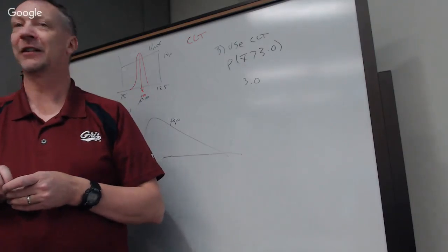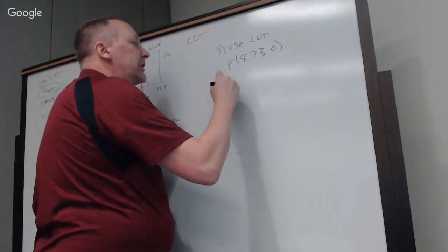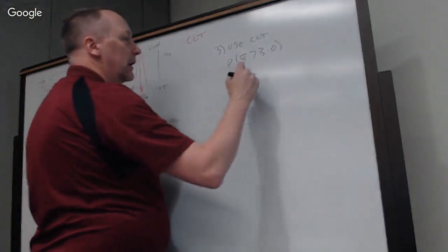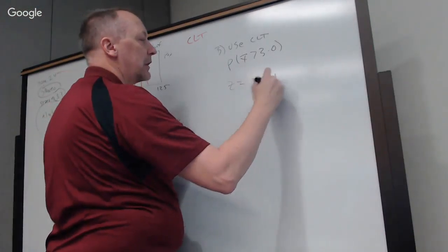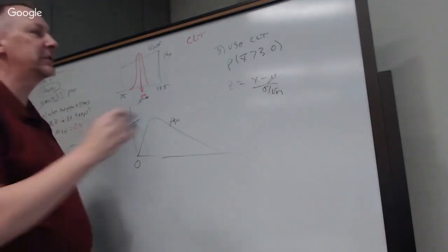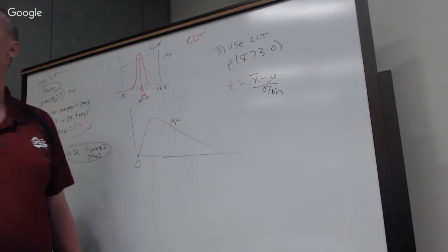The z-score. That's exactly right. So we're using the z-score equals X minus mu divided by the standard deviation, sigma over the square root of n. And this is actually X bar. So that's the equation.